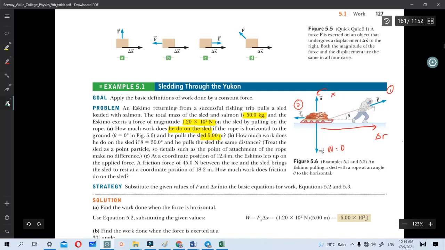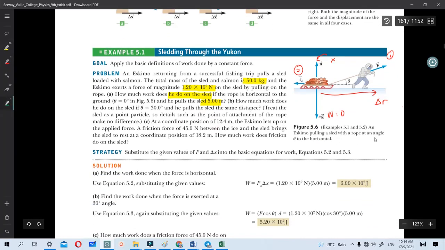If he pulls a distance of 5 meters, then in the first scenario, there is no angle, meaning that the situation is purely force to the right. Displacement is also to the right. So, a direct calculation where 120 times 5, or we can include the angle, cos 0, will give us 600 Newton.